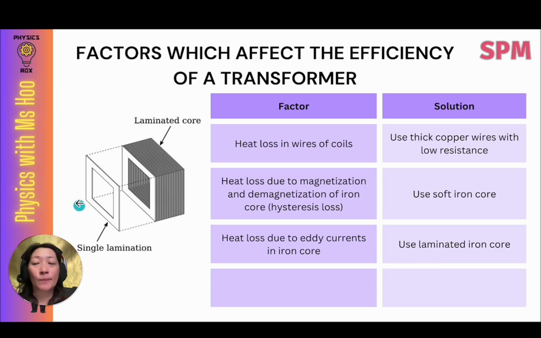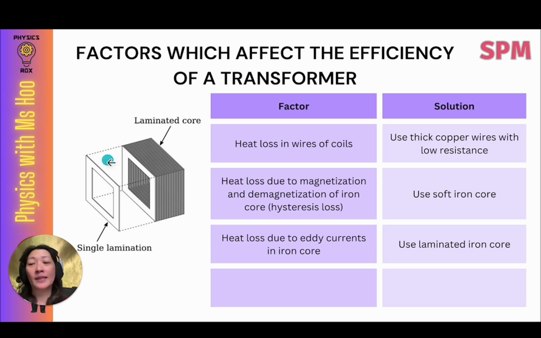Because each piece is now so thin, eddy current can still flow, but it's not induced easily because of the high resistance. So very little current is now flowing through each piece. So less eddy current, therefore less heat loss. This will not affect the magnetism because, as you should know by now, magnetic fields are not affected by shields. For example, if you place a piece of paper between a magnet and another magnet, the magnetic force would still work.